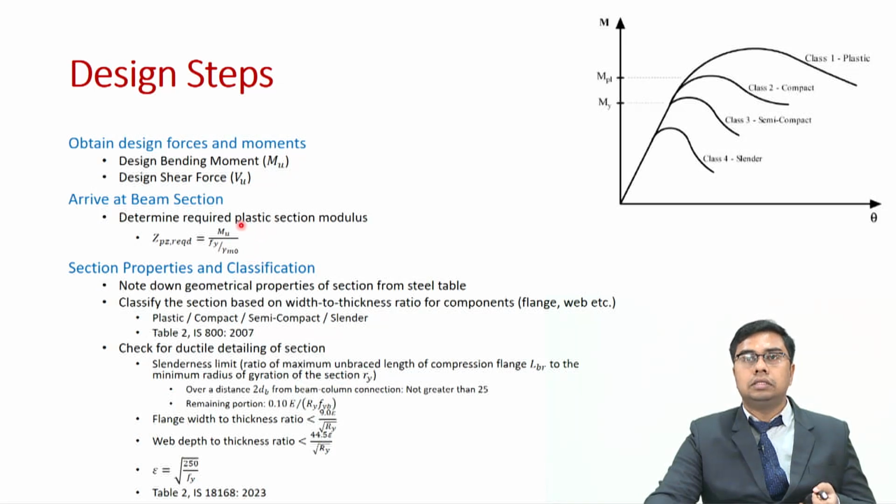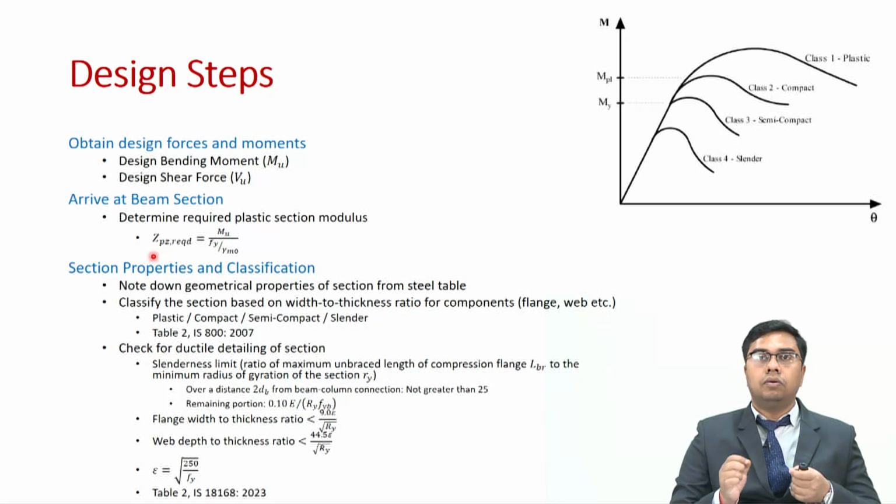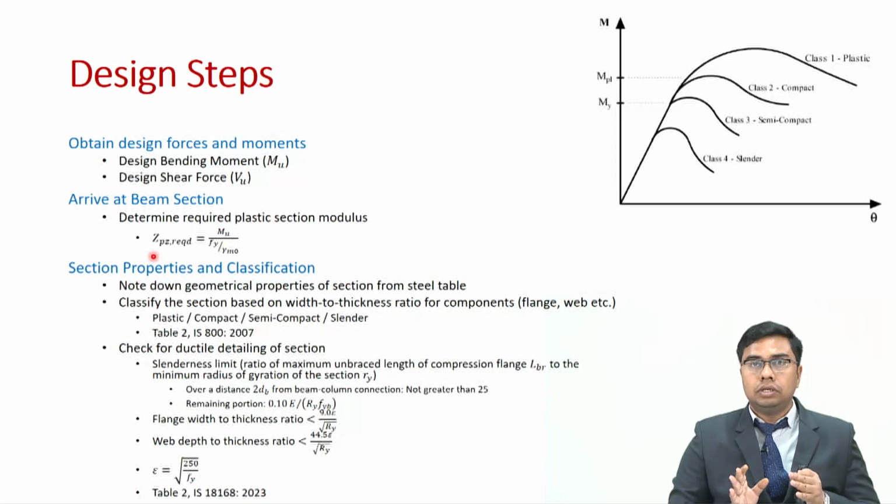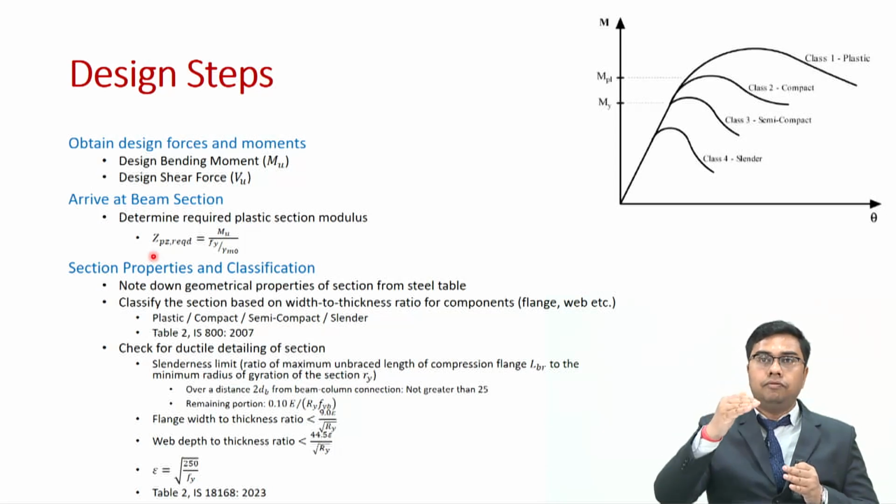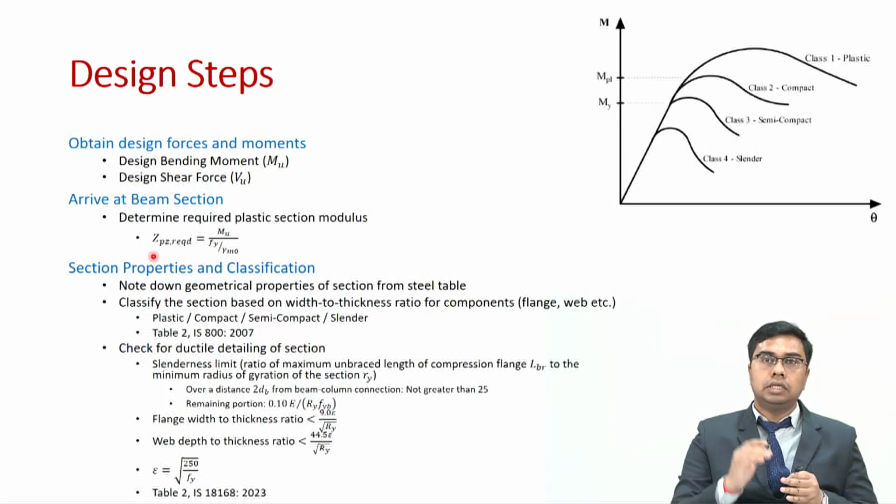Then in this case we get the required plastic section modulus, Zp required, and based on this value we shall choose a section from a steel table. Now, after choosing a section, we will note down different geometrical properties of the section from the steel table.